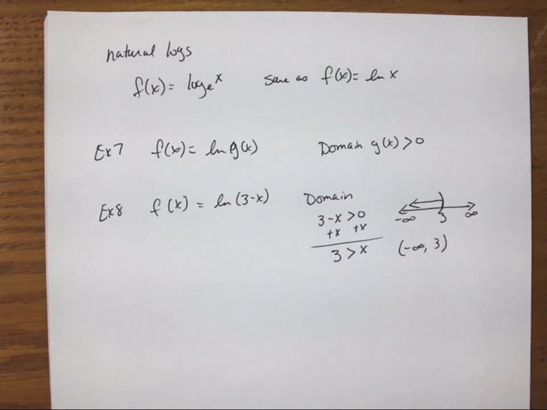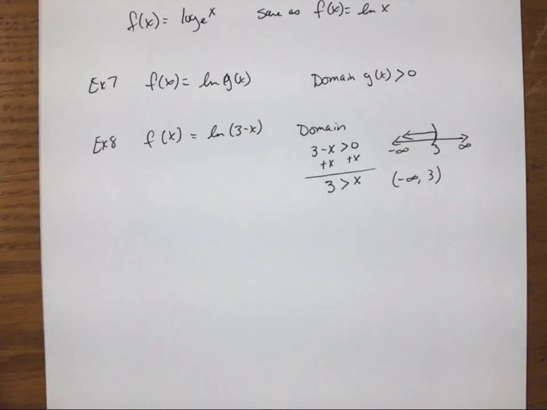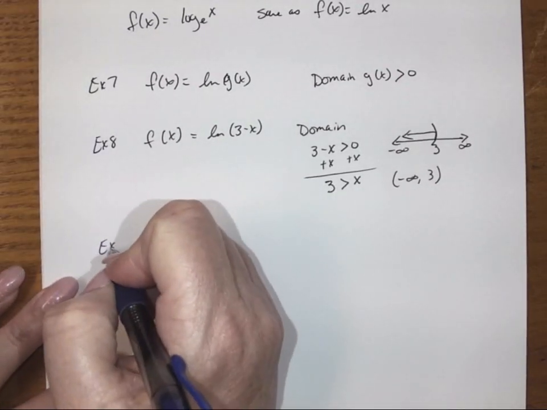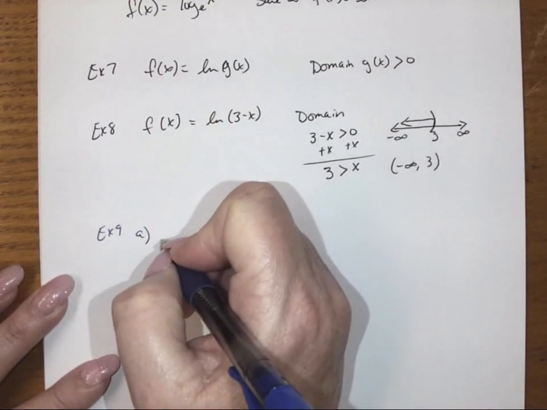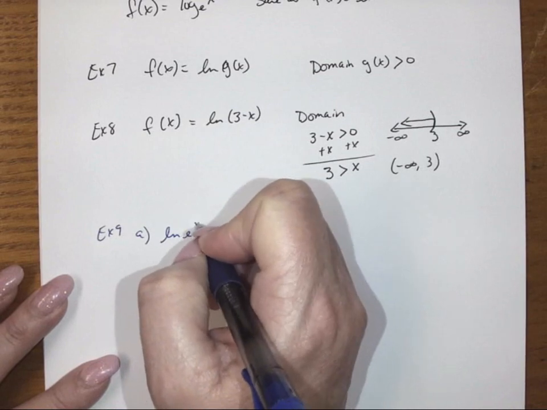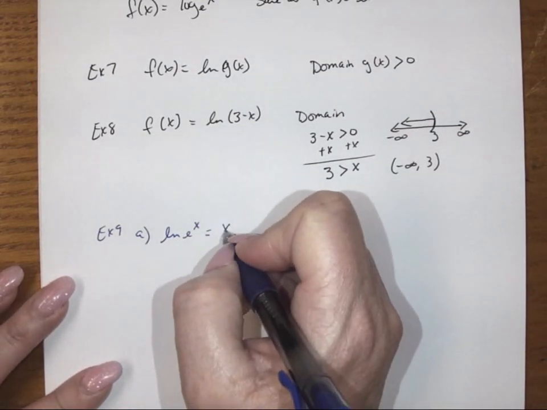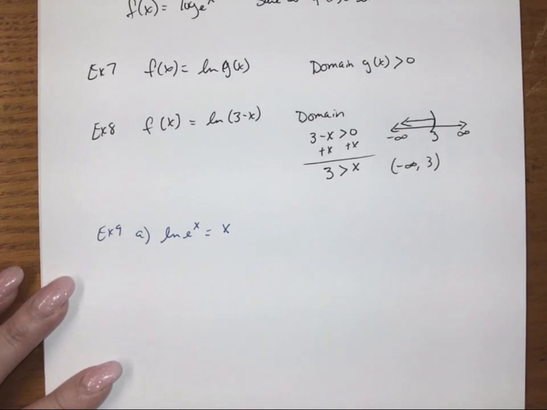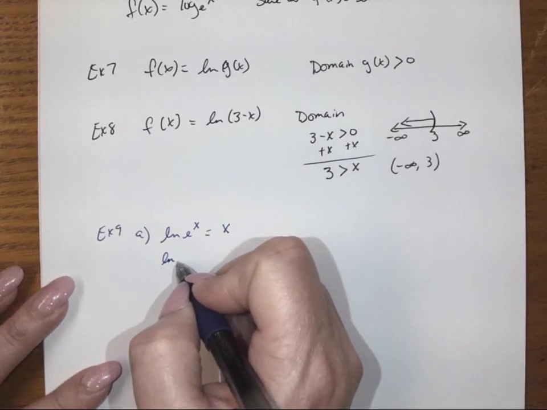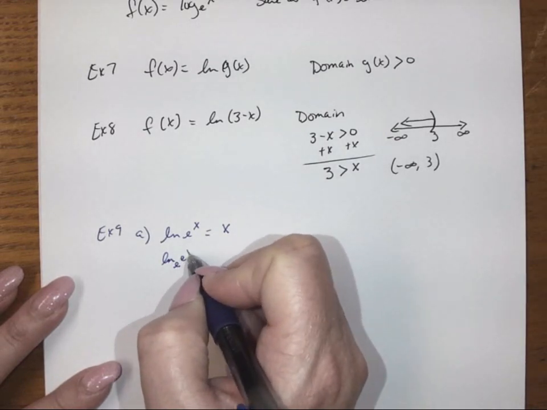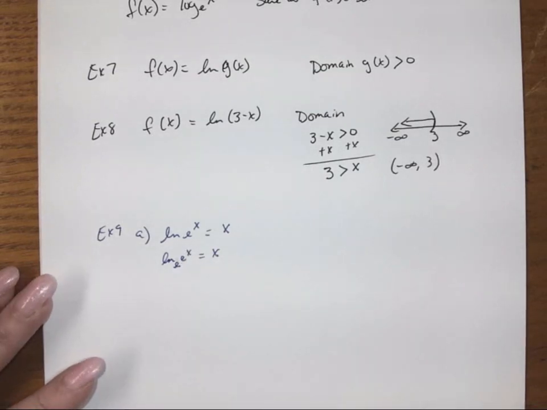So looking at those properties of the natural logs, which we just went over, we have example 9. In example 9, part A is the ln of e to the x, which will be equal to x, because the base, remember, is e, so e to the x equals e to the x.